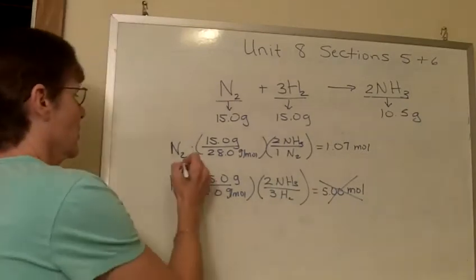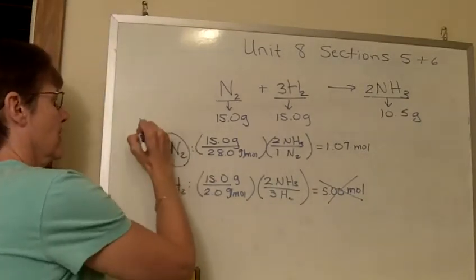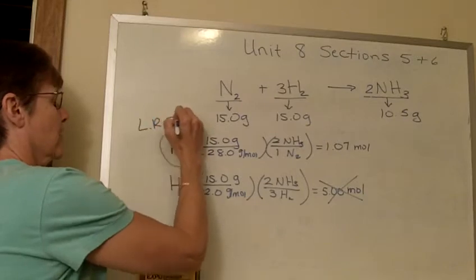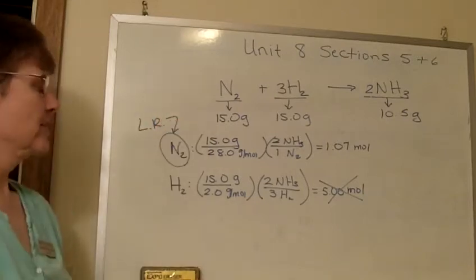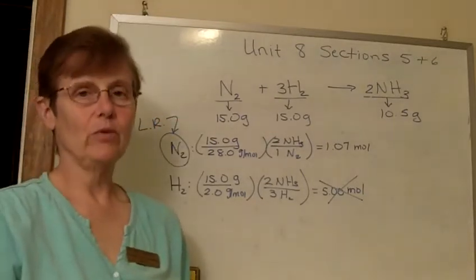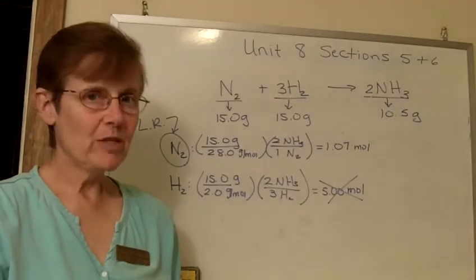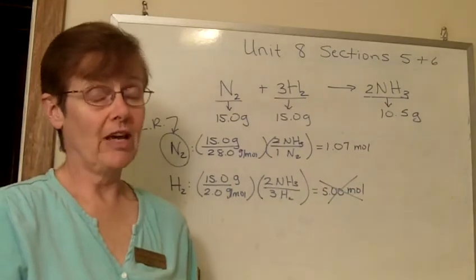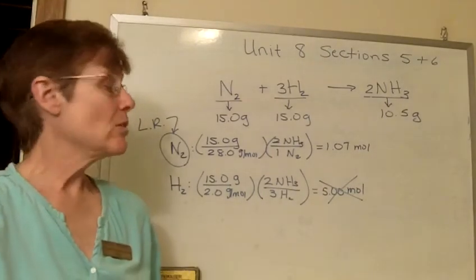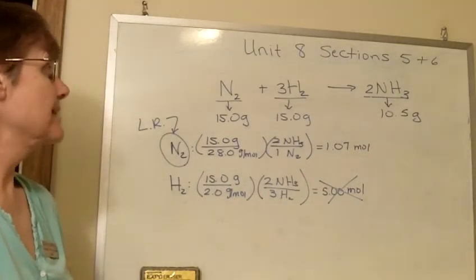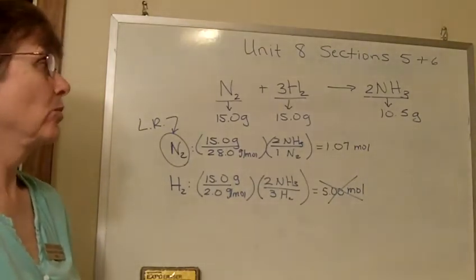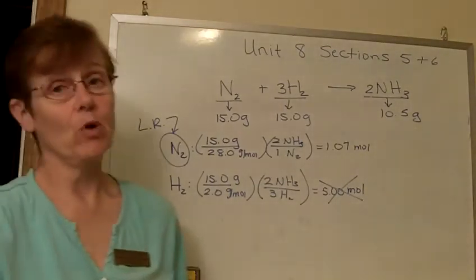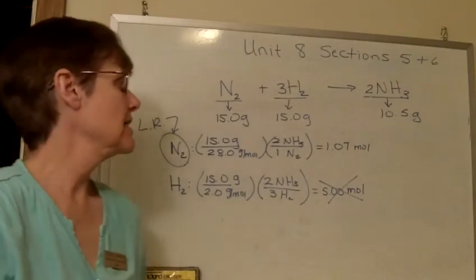So the first thing I'm going to do here is circle this, and LR stands for limiting reactant. I'm going to say that is my limiting reactant. Nitrogen limits the amount of product I can make. The reaction stops when the nitrogen gets used up. So what I know at this point is that I actually can make 1.07 moles of ammonia, and that's it.